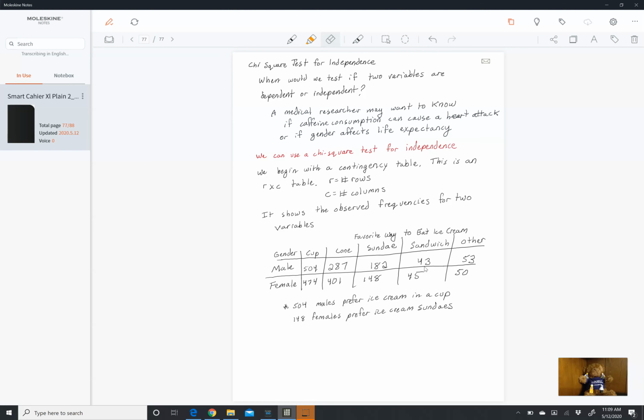And then what we could do is we could even add totals to this. The totals would be called the marginal frequencies. Okay, so let's write that down. So when we say the totals, the total of each row and each column are called marginal frequencies.